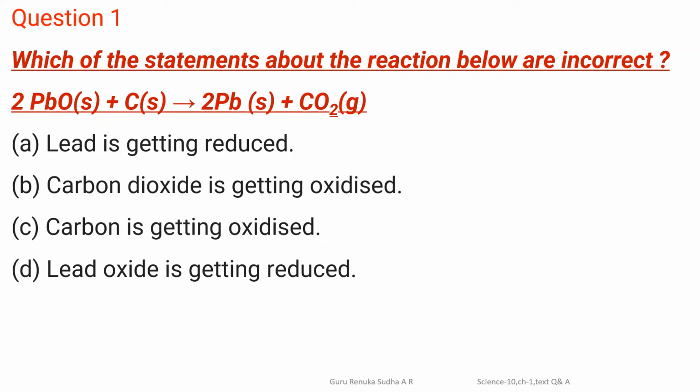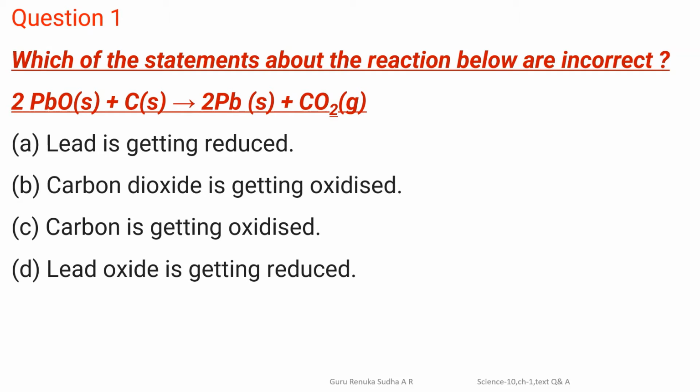Is it possible, if you want to say it is a well balanced chemical equation? No. Carbon is getting oxidized. Yes, it has been oxidized in this reaction. Carbon dioxide is getting oxidized? Carbon dioxide is not at all there on the reactant side. Lead is getting reduced. See, among these 3-4 options we have to say which one is incorrect.